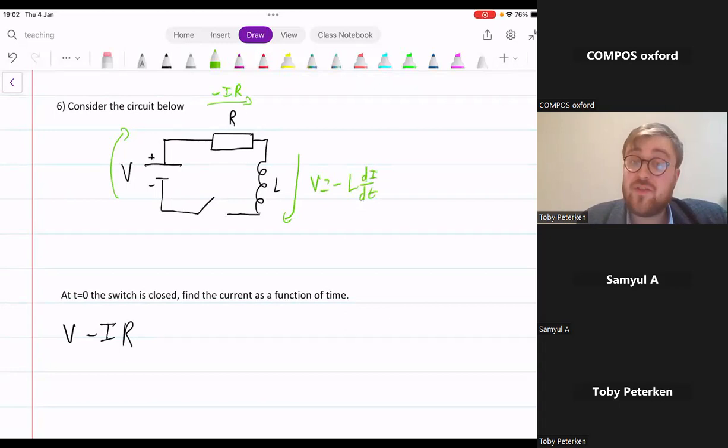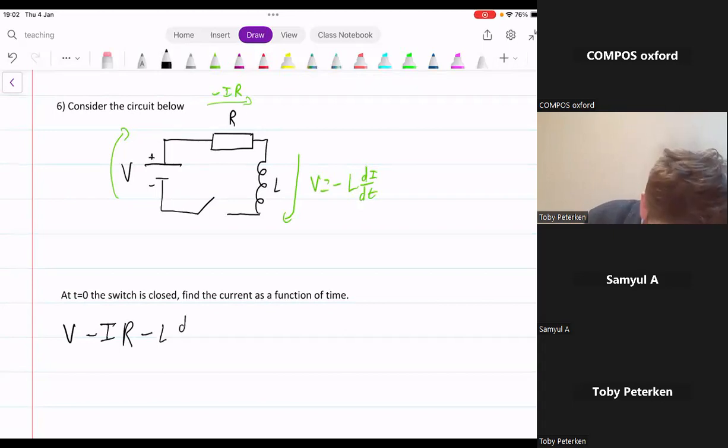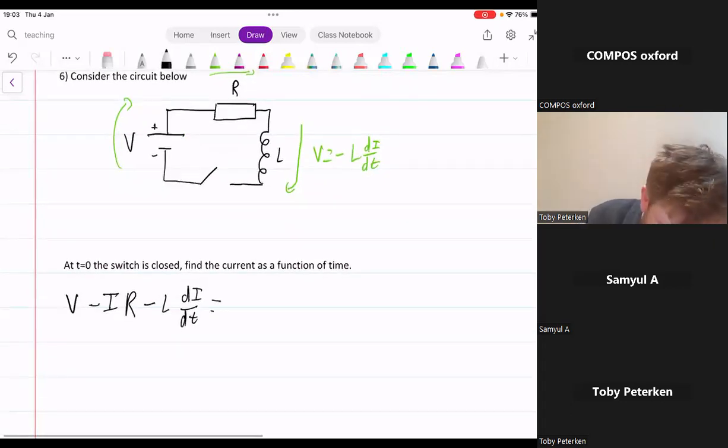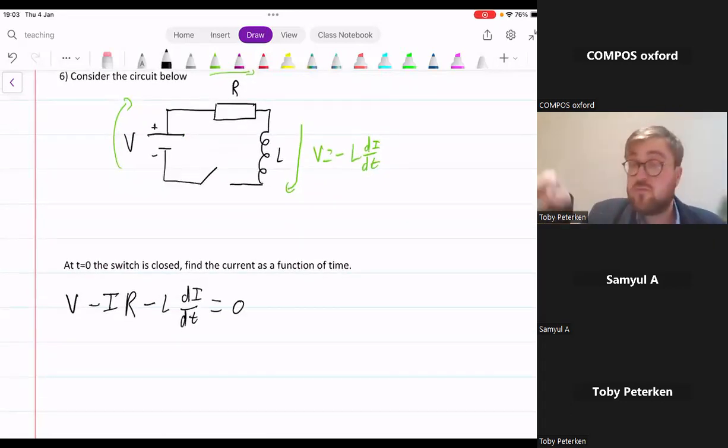This is another thing where the sign is important. So minus L di by dt. And from Kirchhoff's law, voltage round a loop is 0.